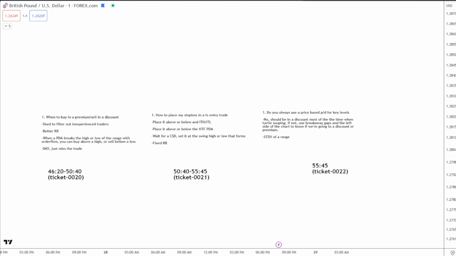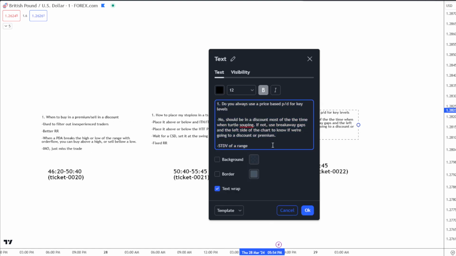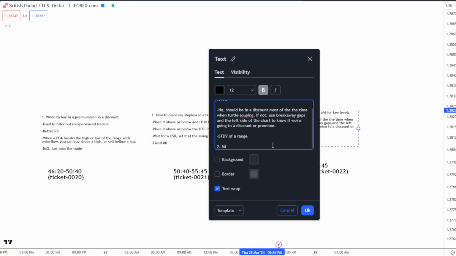But can you have a mitigation block market structure shift or a breaker market structure shift? Yeah, both should work for turtle soup if you use either or. Mitigation block market structure shift or breaker market structure shift, right?